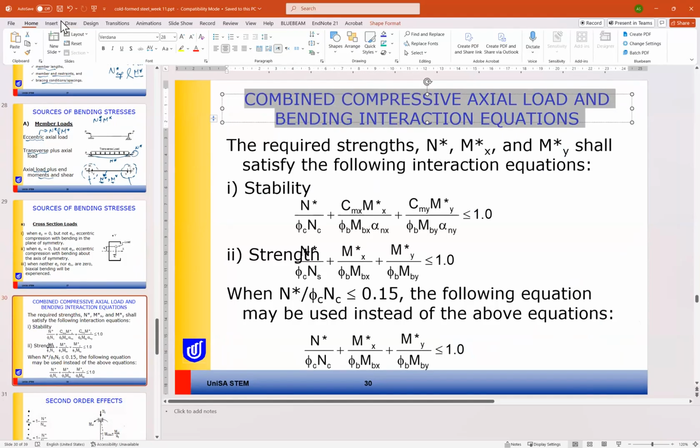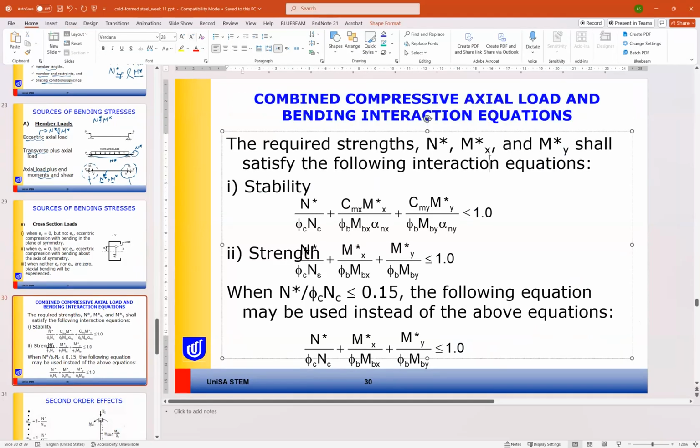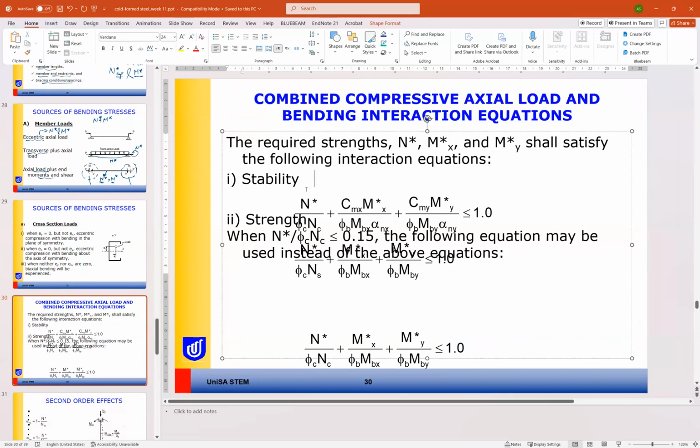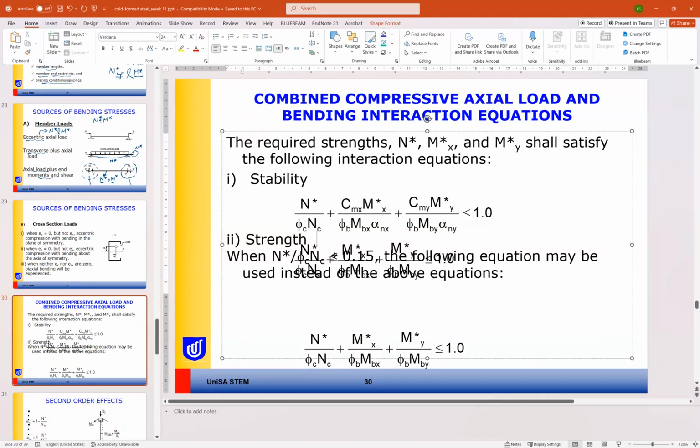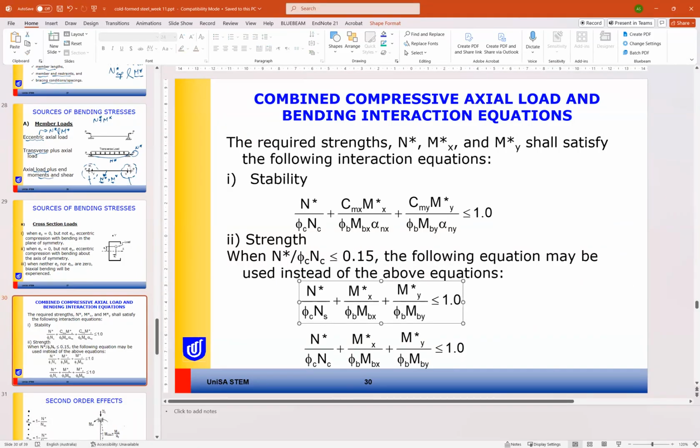The formulas that cover this part in the standard are these ones here, clauses 3.5.1 and 3.5.2, sorry, 3.5.1.1 and 1.2.